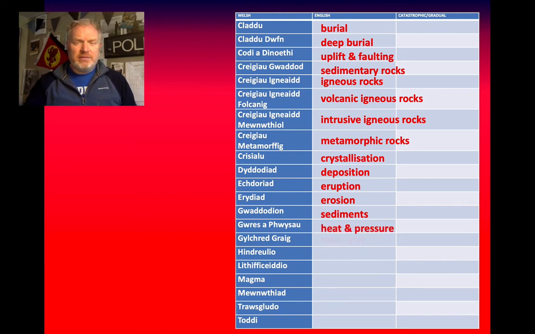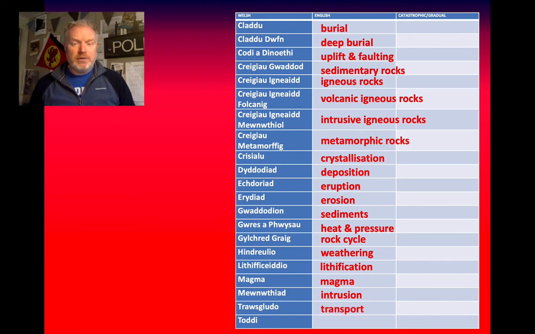Gylchred greu is the rock cycle. Hydrulio is weathering. Lithificadio is lithification, honest. Magma, easy one to sort out, means magma. Munuthiad is intrusion. Trasgludo is transport. And finally, toddi is melting.